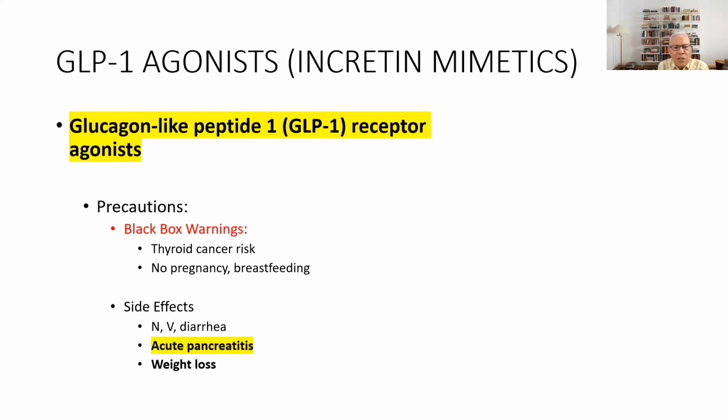But the most serious but less common is going to be pancreatitis. So always remember that pancreatitis might be a complication in any of these, because you remember you're dealing with the pancreas. So it's always a good thing to think about the possibility of problems with the pancreas whenever you're giving drugs that affect the pancreas.